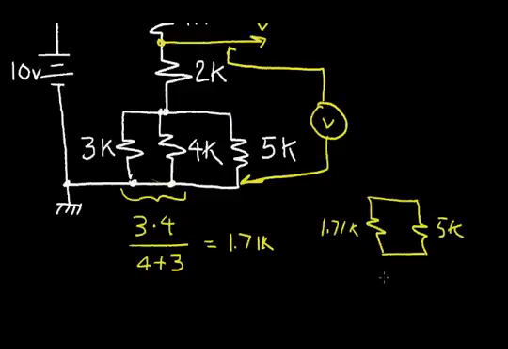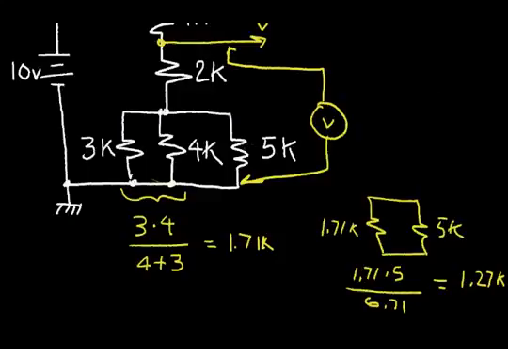So again, we can take the product over the sum: 1.71 times 5 divided by the sum, which is 6.71. And I believe that is 1.27K ohms. So now we have an equivalent resistance for the three parallel resistors at the bottom.